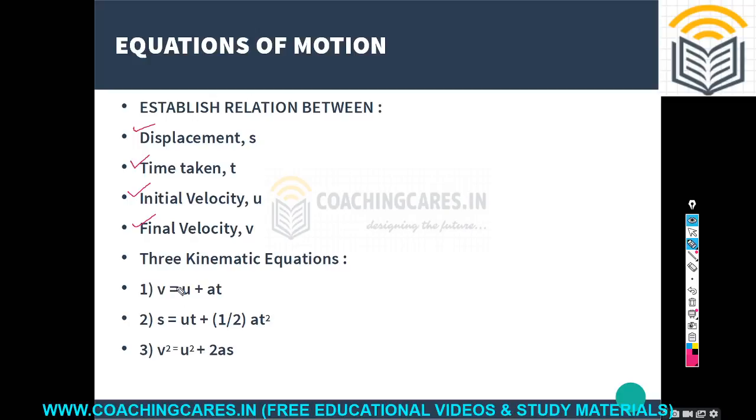So the first equation is v is equal to u plus at. The second equation is s is equal to ut plus half at square, and the third one is v square is equal to u square plus 2as. These are very important equations in the motion chapter, and we'll study the derivation of all these further in the next slides.